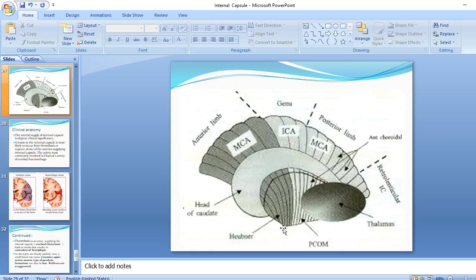In this diagram, you can very well appreciate how the upper and the lower parts of the internal capsule are supplied.